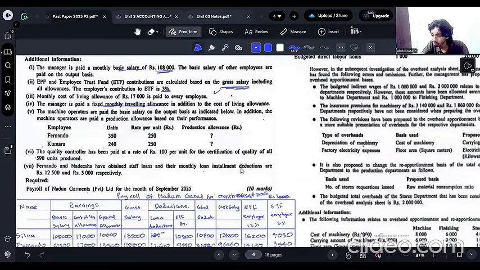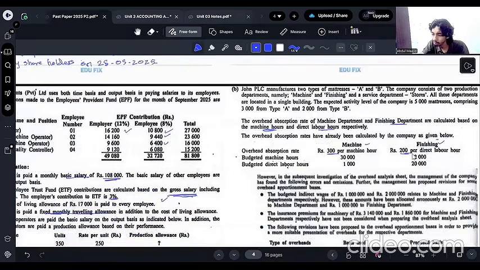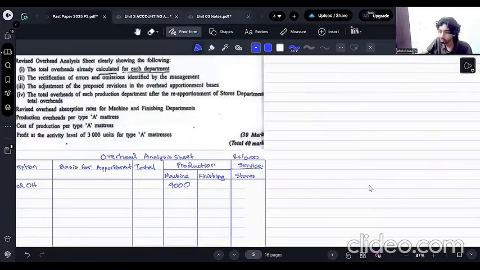And then for the finishing department, 200 per direct labor hour into 20,000 labor hours, total overheads will be 4 million. The total of that is 13 million. Okay, that is done. Then next.